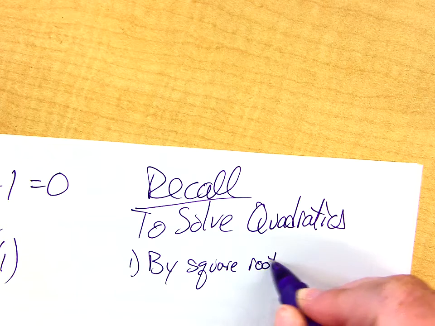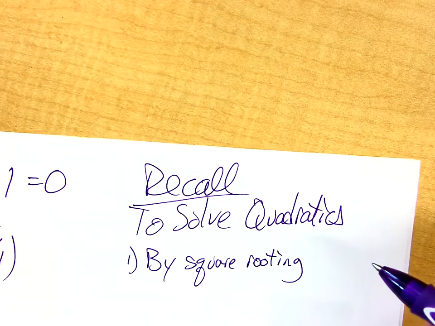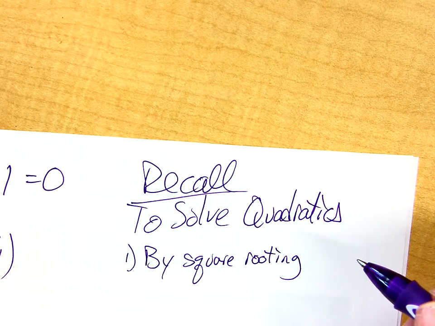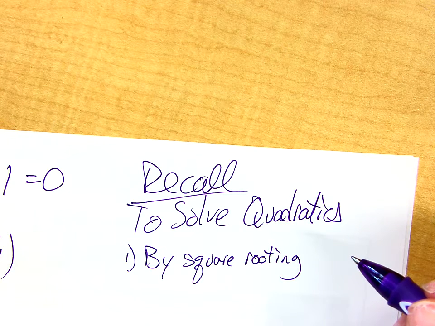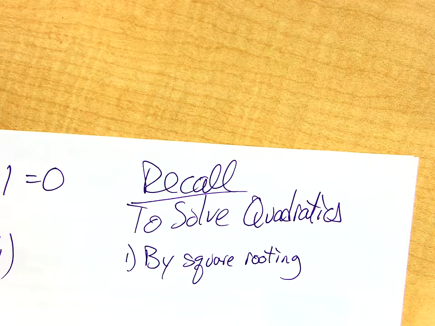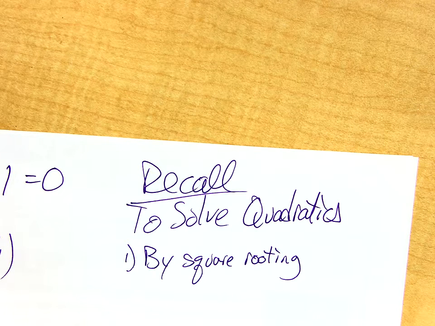When can you solve by square rooting? It had to be a certain scenario. Do you remember? You're on the right track. It's not a being 1 though. One of the variables does have to equal something. You can't have a b term at all, so b's basically got to be 0.